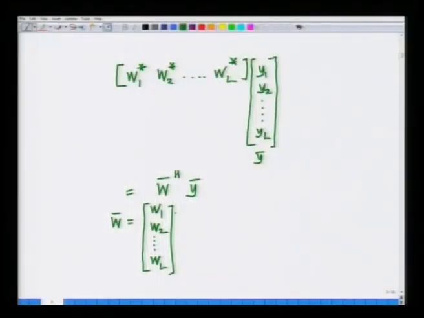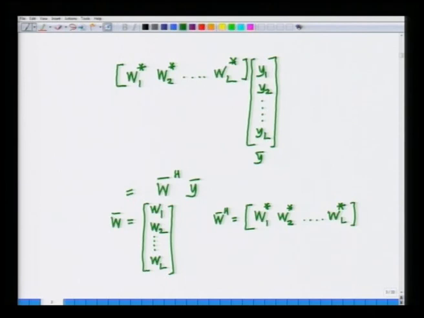Now, let me remind you of the properties of matrices, if W bar is W1, W2, WL, then W bar Hermitian is nothing but the transpose of W and then the conjugate, alright. So, if W bar equals W1, W2, WL, then W Hermitian is first I take the transpose, that is the column vector becomes the row vector, that is W1, W2, so on up to WL, and then I take the conjugate W1 conjugate, W2 conjugate, so on up to WL conjugate.